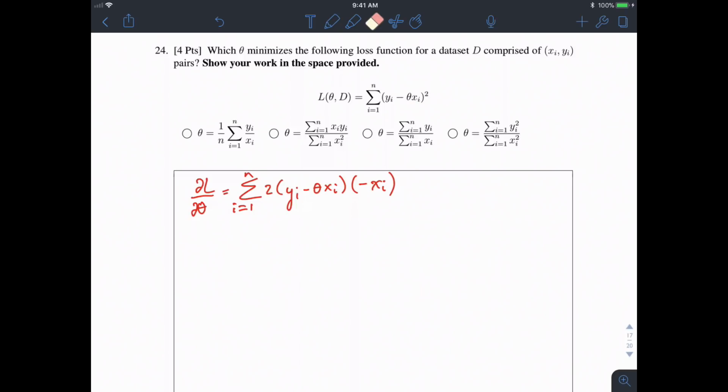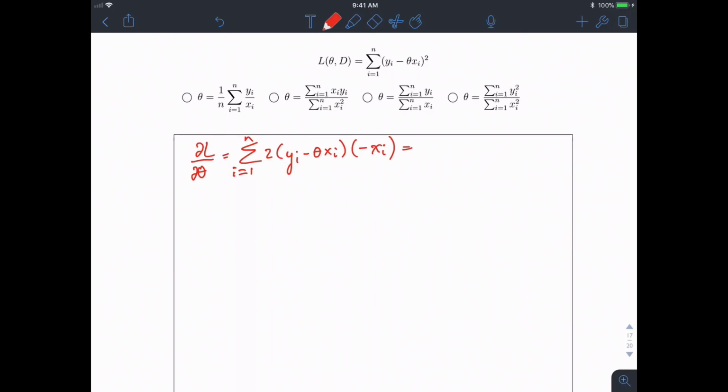Okay? I can rewrite this sum, distributing the negative sign, as the sum going from i equals 1 to n of theta xi squared minus xi yi, and I can pull this 2 out in front. So I can write it like that.